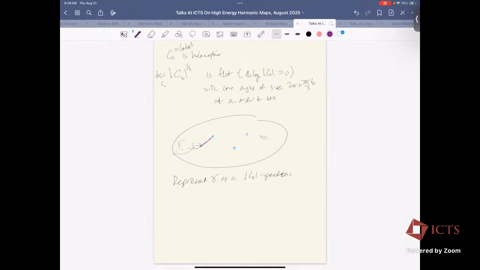Then gamma will make its way across the surface, and it's likely, because of the high cone angles, going to be required to visit some of them, and it will just make its way around the surface as a geodesic. And as a geodesic in a flat Euclidean metric, it is a straight line between these zeros in that metric.